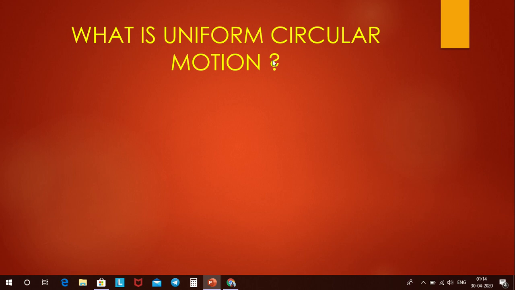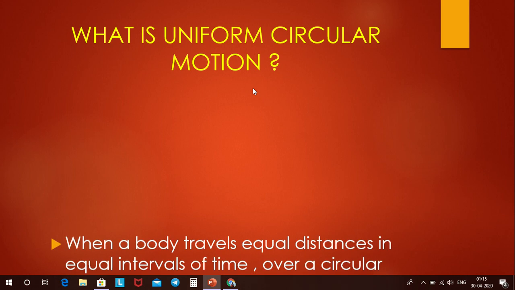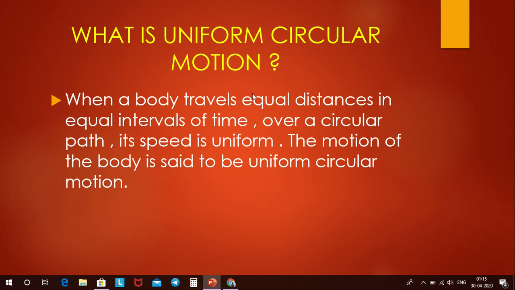So when an object moves with uniform speed along a circular path, it is said to have uniform circular motion. When a body travels equal distances in equal intervals of time over a circular path, its speed is uniform. The motion of the body is said to be uniform circular motion.